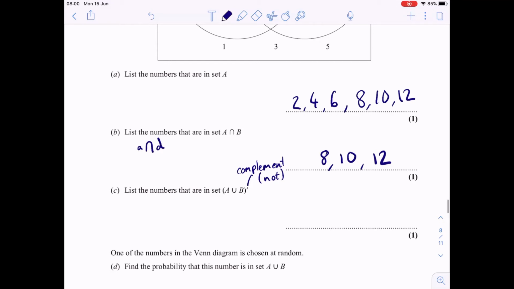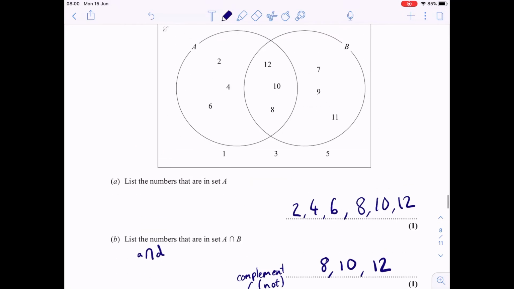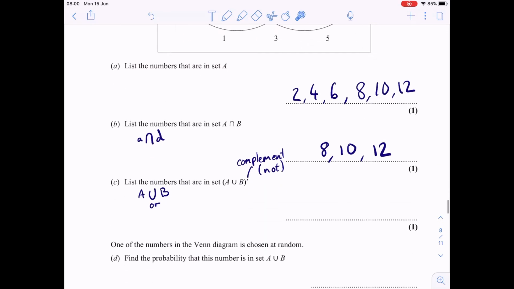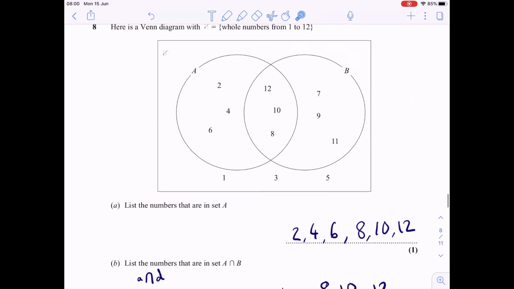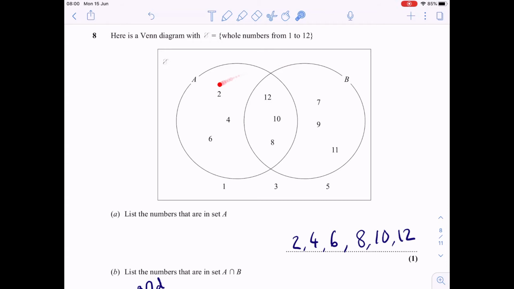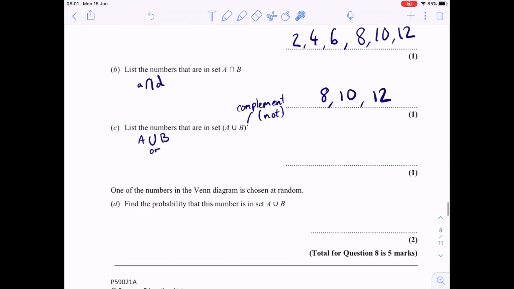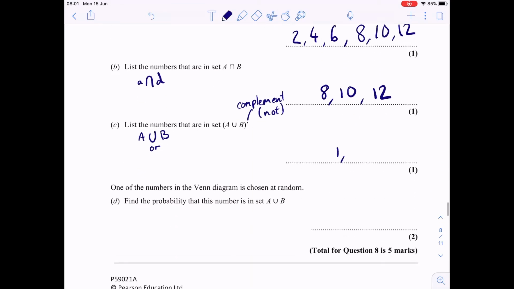So we are looking for things that are in A or B. So that's everything that's either in A or B. So it's actually all of this. But our question is saying I don't want those. So what's not in A or B? So what's not in here? Well, it's just these three down here. 1, 3, and 5. Okay, so 1, 3, and 5 are going to go here.